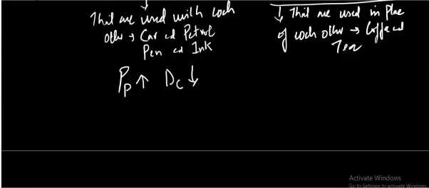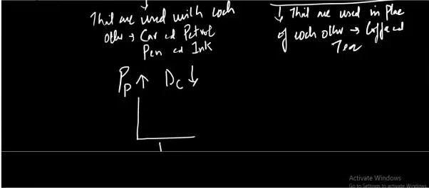So there is an inverse relationship between the demand for cars and the price of petrol. So in case of complementary goods, the relationship between the price and the quantity demanded is inverse.